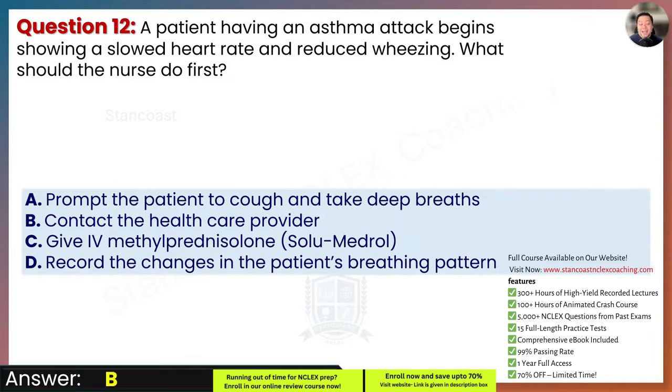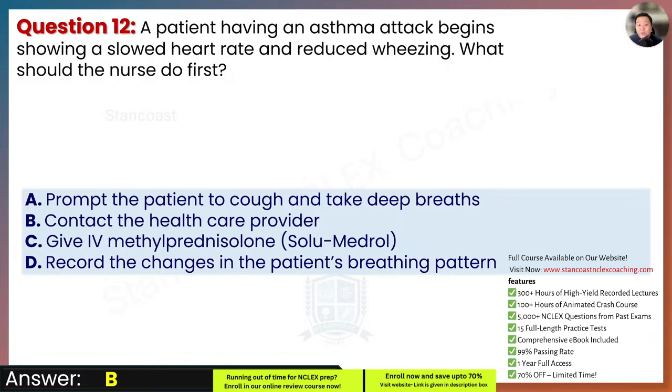Now, when a patient is experiencing an asthma attack and suddenly shows signs like a slowing heart rate or reducing wheezing, these are red flags indicating a serious deterioration in their condition.